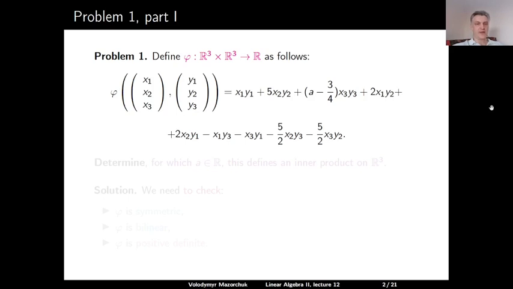The value of phi at the two vectors x1, x2, x3 and y1, y2, y3 is equal to x1 y1 plus 5 x2 y2 plus (a minus 3/4) x3 y3 plus 2 x1 y2 plus 2 x2 y1 minus x1 y3 minus x3 y1 minus 5/2 x2 y3 minus 5/2 x3 y2.